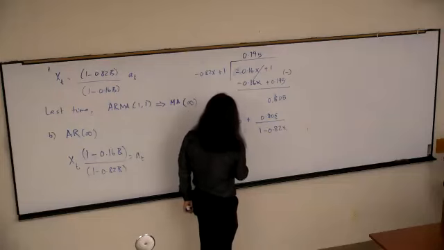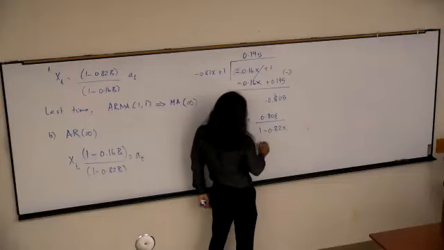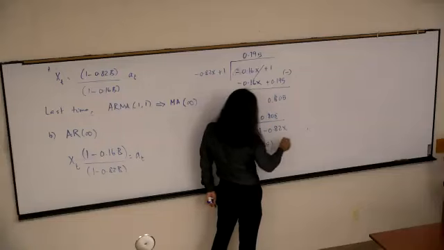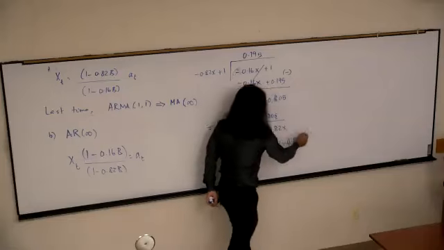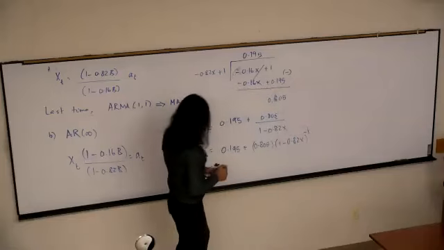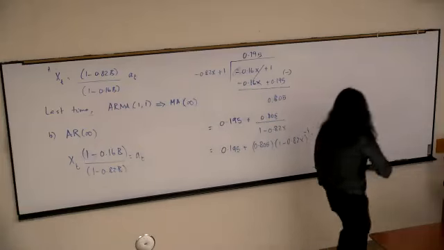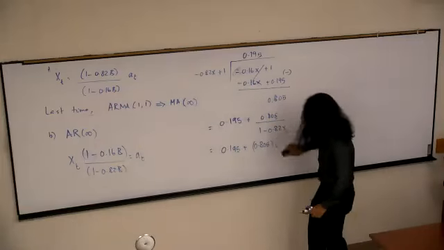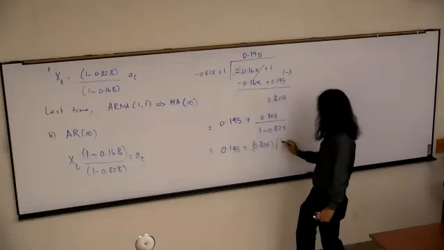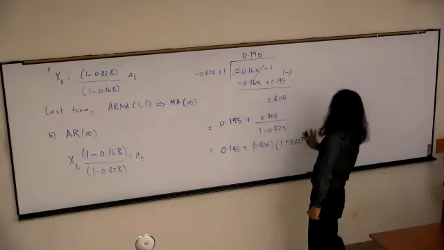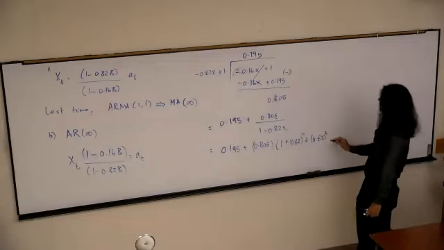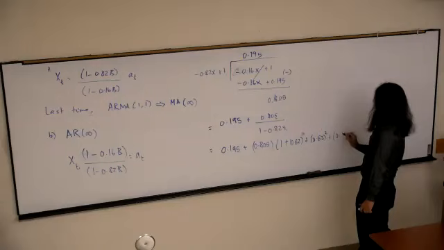So we have 0.195 plus 0.805 times (1 minus 0.82x) inverse, which is a geometric series, an infinite sum, so I will have 1 plus 0.82x plus 0.82 squared, dot, dot, dot.